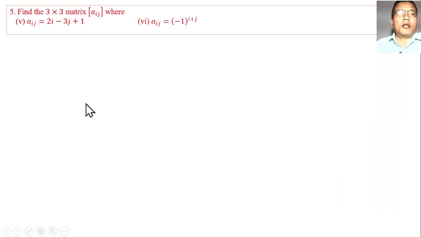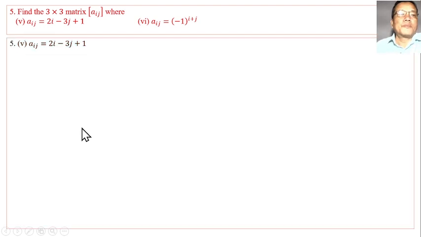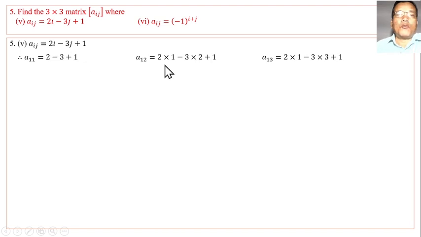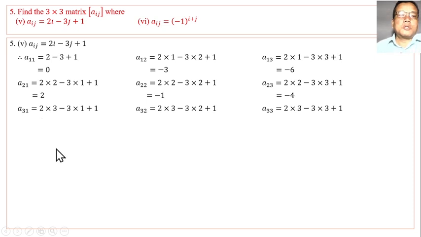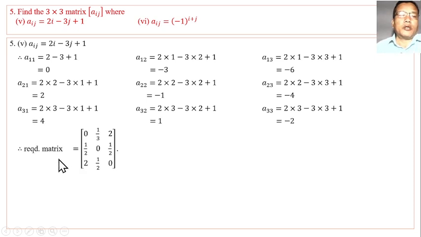Number 5, similarly. A of 1,1, i equals 1, j equals 1. A of 1,2, i equals 1, j equals 2, simplify to A of 1,3, i equals 1, j equals 3, the first row, second row, third row, fourth row. Then the required matrix position is 0, minus 3, minus 6.